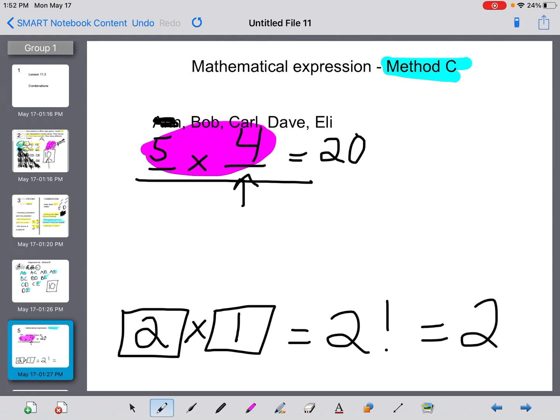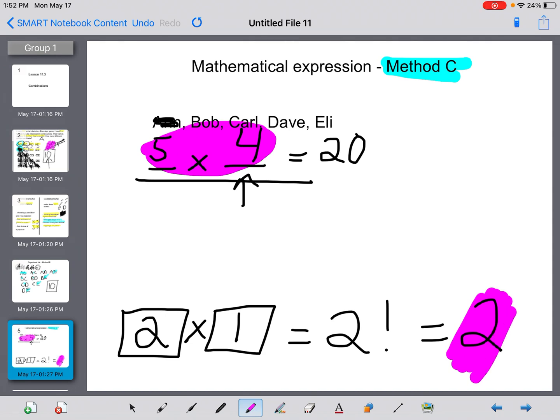Because there really are only 2 different ways to arrange 2 people in a group, right? Let's say you have 2 people standing against the whiteboard. Maybe we have Laura and Jamie. You could have Laura on the left and Jamie on the right. Or you could switch it around, have Jamie on the left and Laura on the right. There are only 2 different ways to arrange those 2 people.